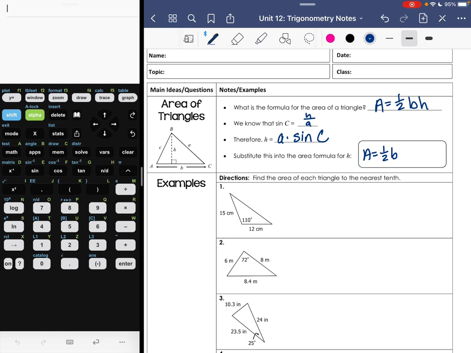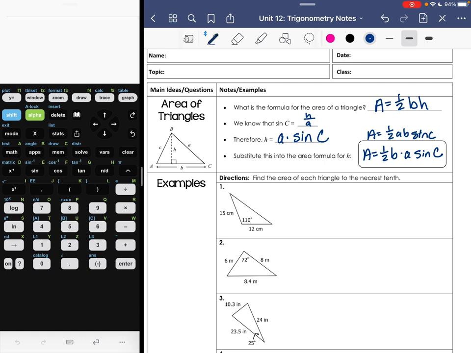And so then you would have half the base times A sine C. You may also see this written as half A B sine C, with everything in order. Those are the same. It's just the multiplication that has been rearranged. So whichever one, that's fine.